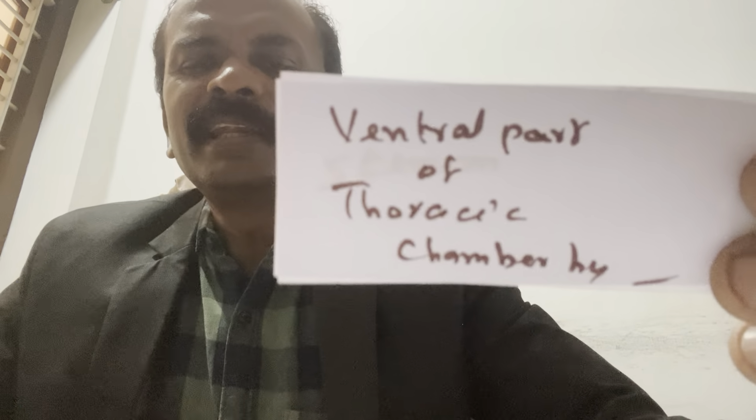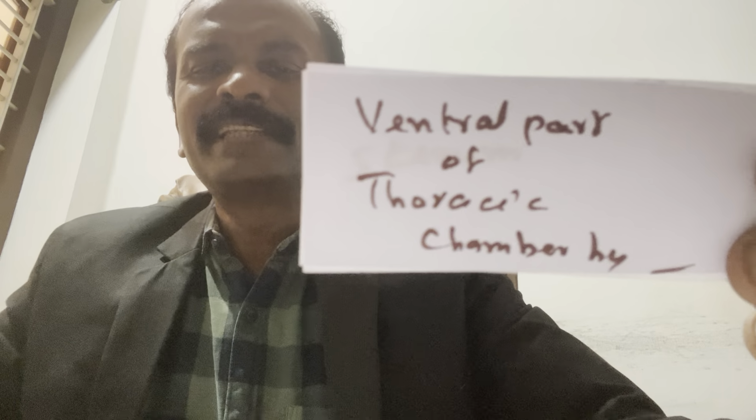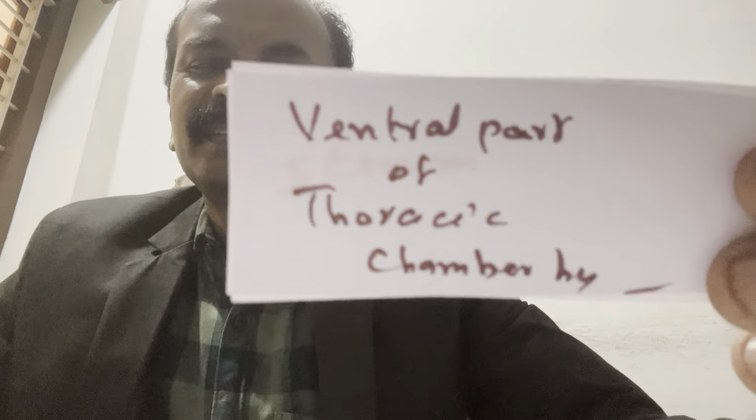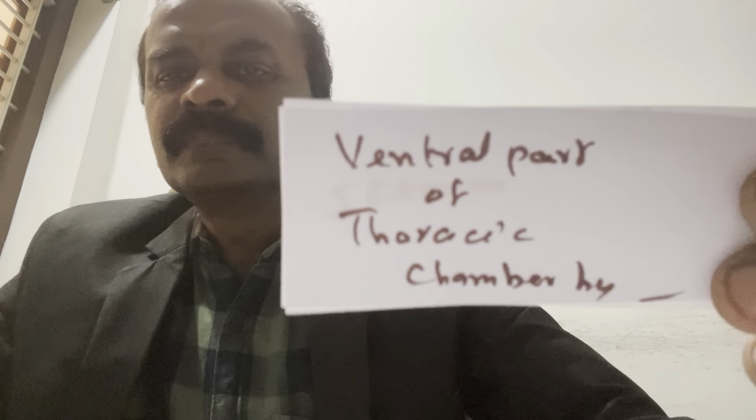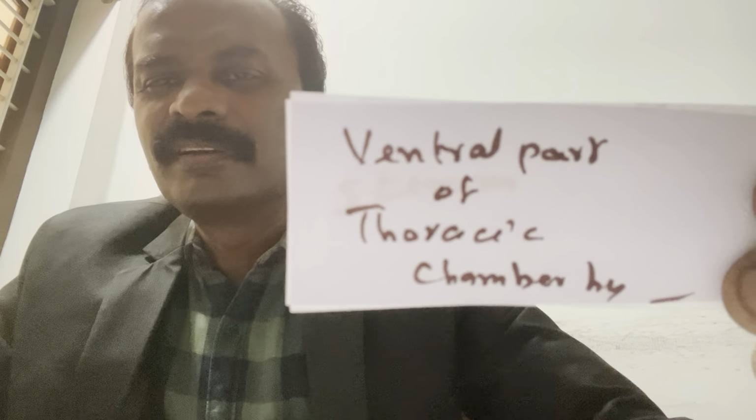So this is our thoracic cavity, okay. Ventral part of thoracic cavity. This is our thorax or the thoracic cavity. The front part is called the ventral part. Ventral part of thoracic cavity is formed by which bone?